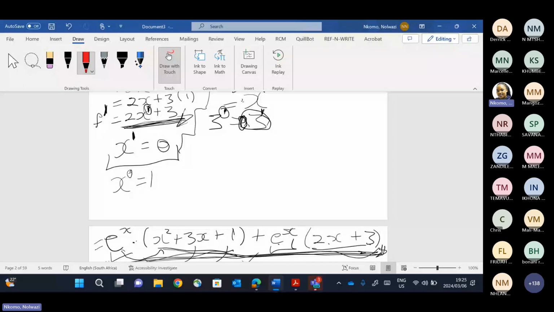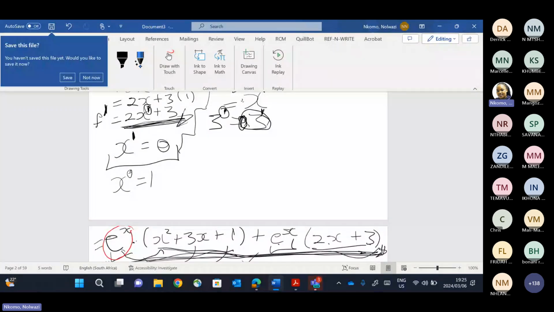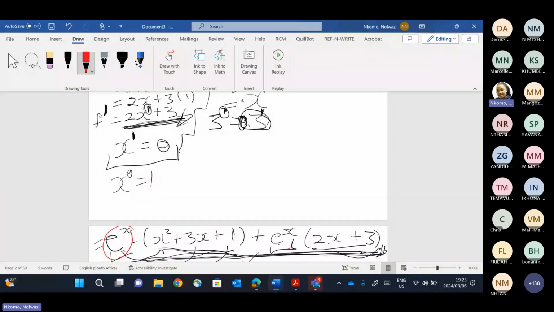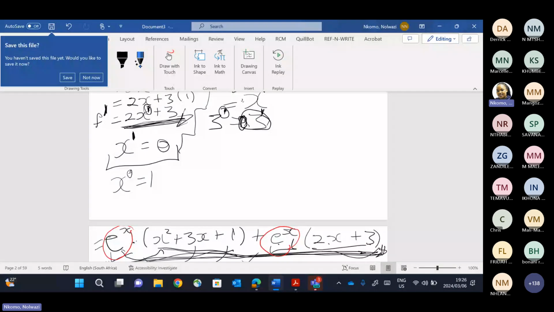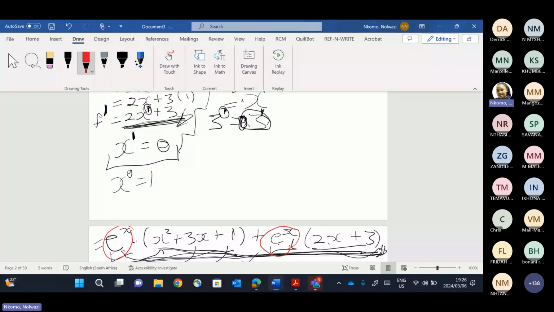Then this e to the power x is for a function. Remember, if you differentiate e to the power x, you get e to the power x. And this is the derivative. Remember, we said a derivative times we keep this function, plus we keep this function times a derivative. So this one we kept. This one was a derivative.